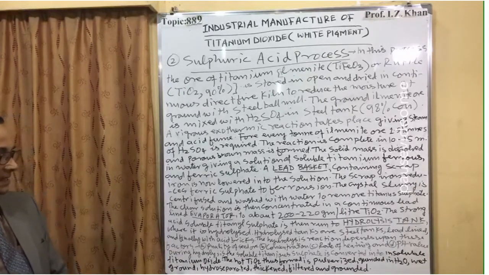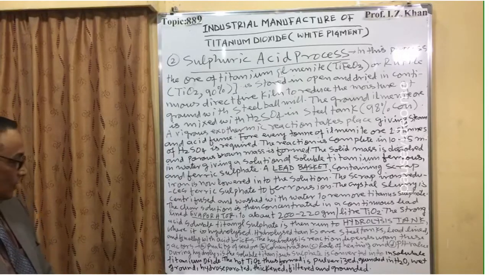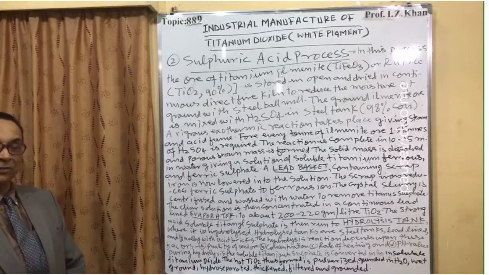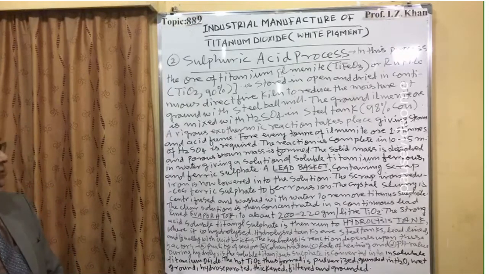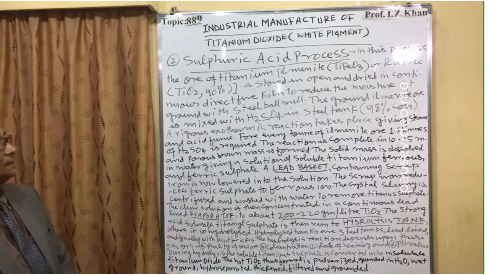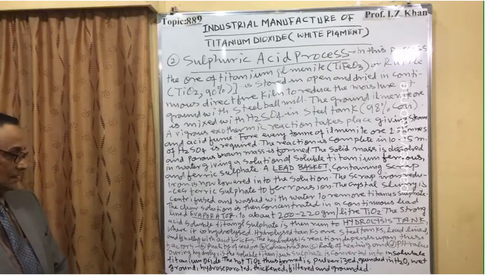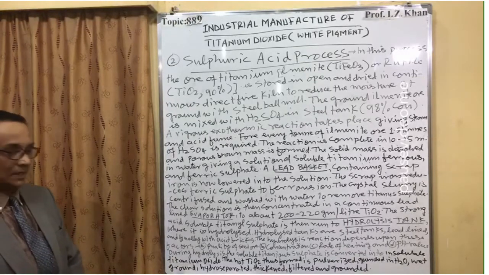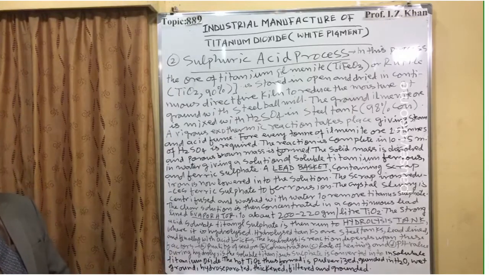The hydrolysis reaction depends upon the following factors. Factor one is the quality of seed, meaning the quality of ore, that is ilmenite. Second, the concentration. Third, the rate of heat, and fourth is pH value.